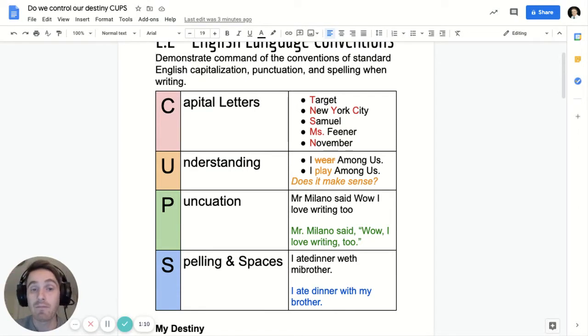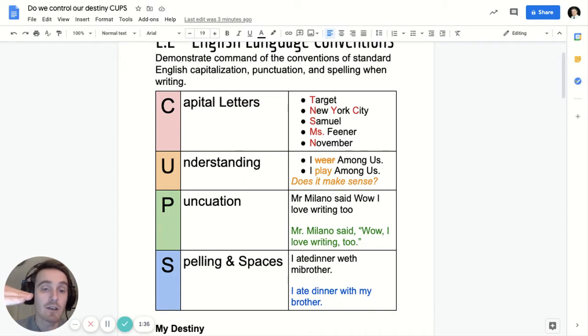Capital letters, for example, names of places like Target or a city, New York City. Anytime there's a name like Samuel or Miss Feener or a month, November. Also, anytime you're at the beginning of a sentence, always a capital letter.